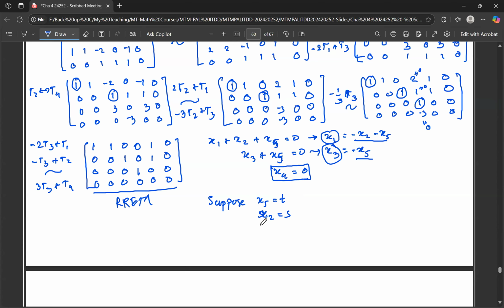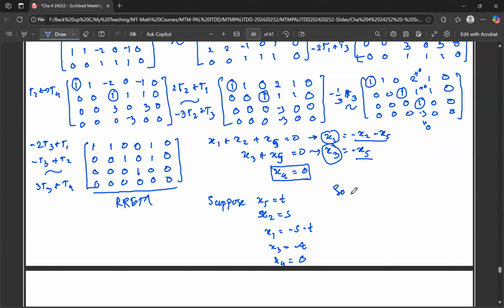If we make this assumption, we have x1 will be minus s minus t. x3 will be minus t, because x3 is minus x5. And the last, x4 is absolutely 0.